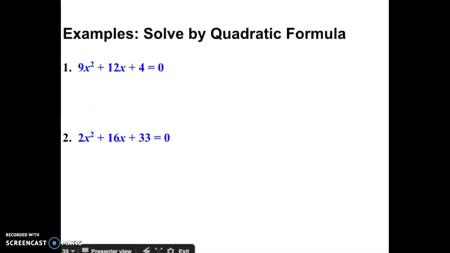Okay, so we have two problems here. It says solve the quadratic, but we're actually just going to find the discriminant and talk about the answers. We're only going to do that because we just worked on solving quadratics, so you can look at the other video if you're still struggling with solving the quadratic. In this problem, since all the terms are on one side, I already know a, b, and c. a is 9, b is 12, c is 4.